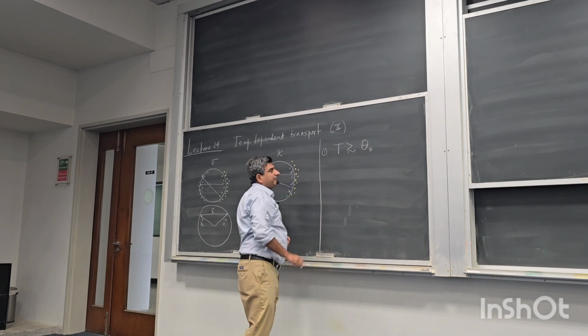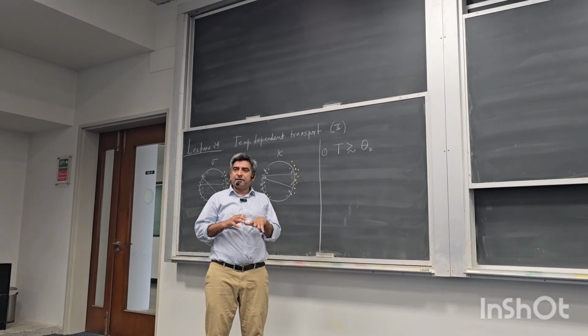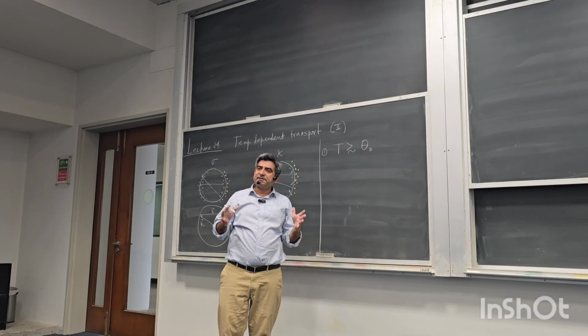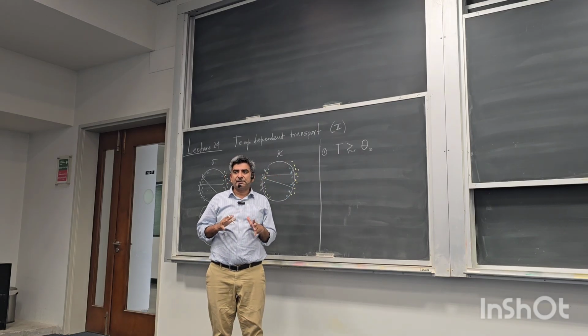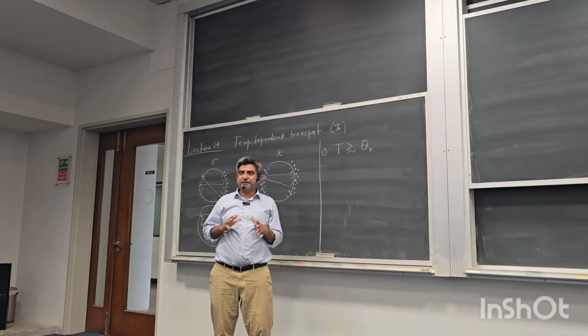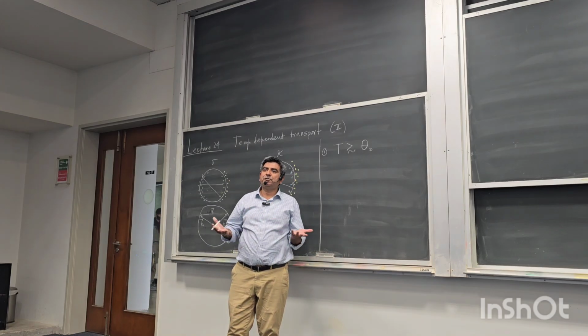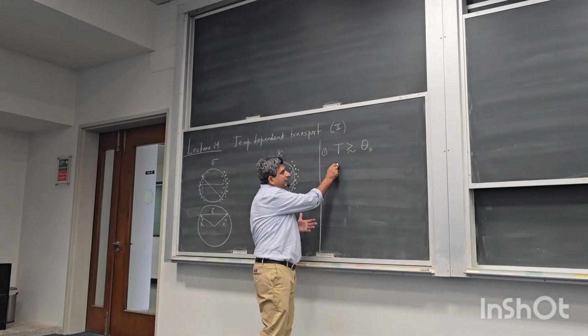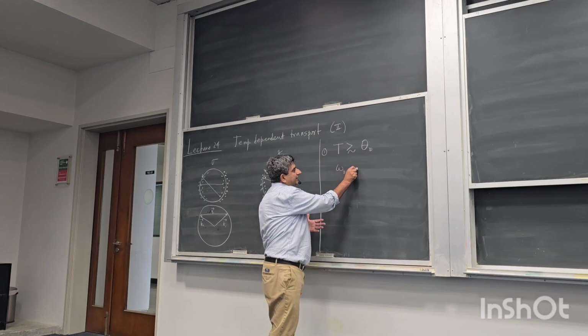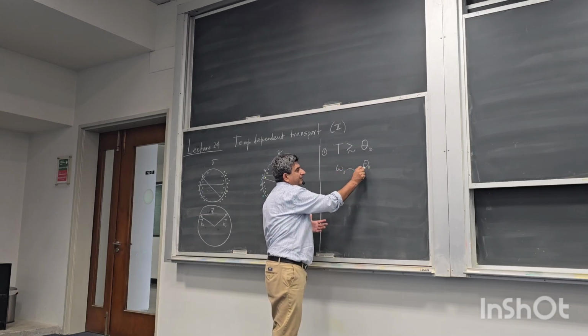In this case, we do know that the maximum temperature phonons can have inside a solid is roughly equal to the Debye temperature. That's the cutoff frequency for phonons. And the temperature corresponding to the Debye frequency omega D is theta D.